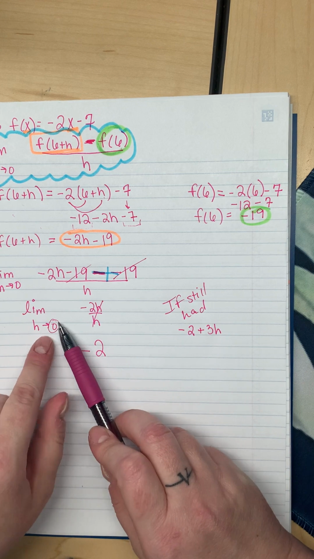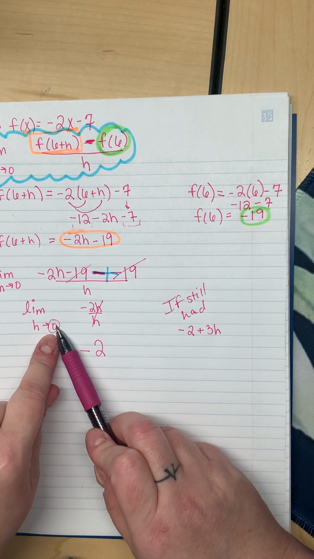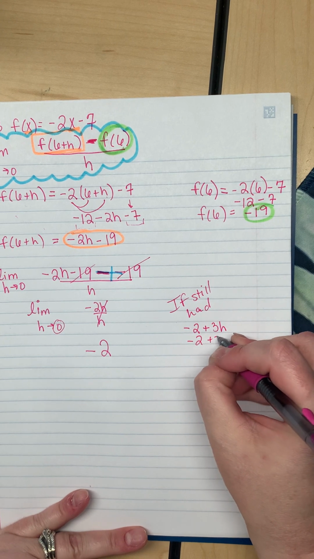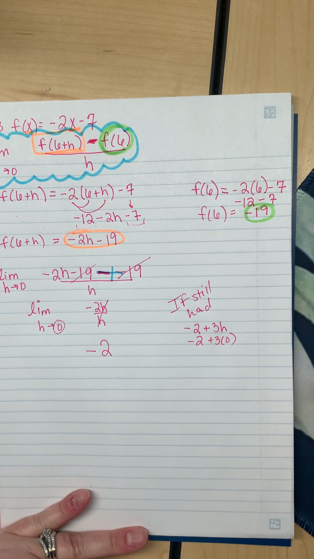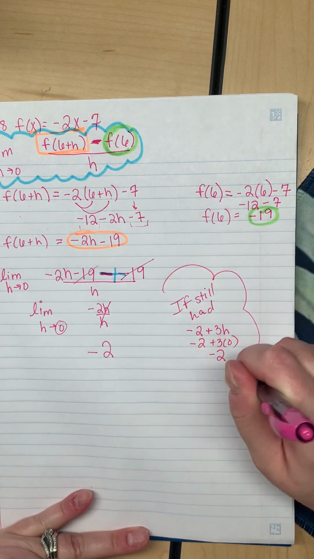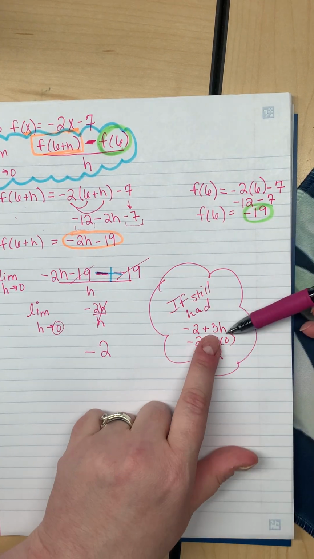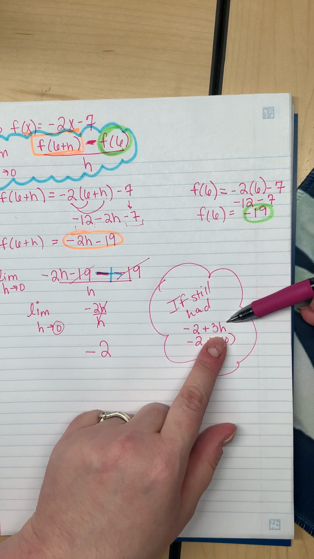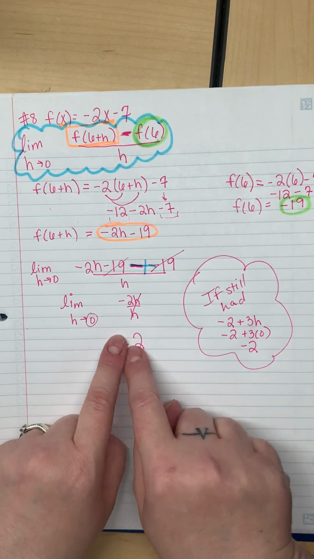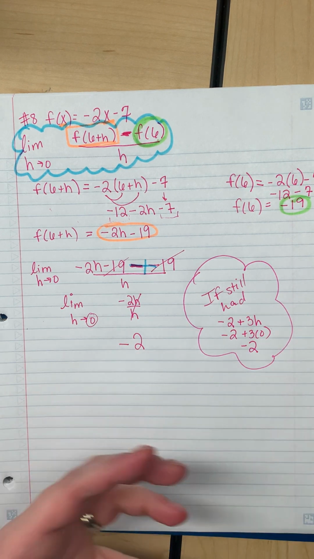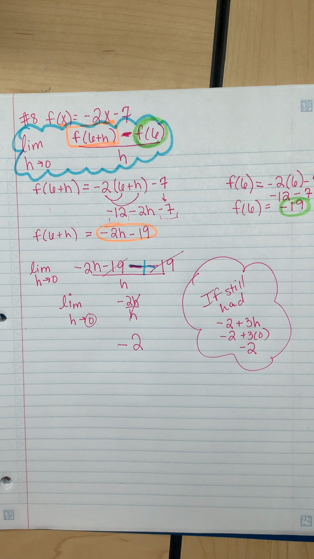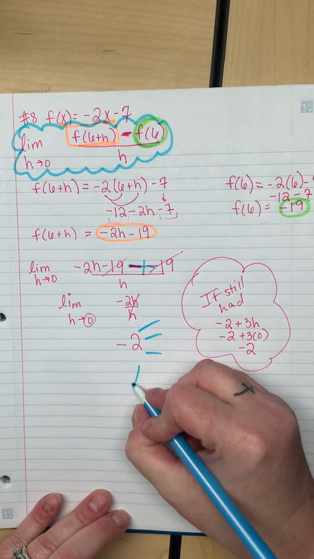Then my very last step would be to plug this 0 into the letter h, and I'd still just get negative 2. But the point is I would be able to plug a 0 into an h because I had it left over. But in our problem, we didn't have an h left over, so I could not plug in 0 for h. So my final answer is just negative 2.